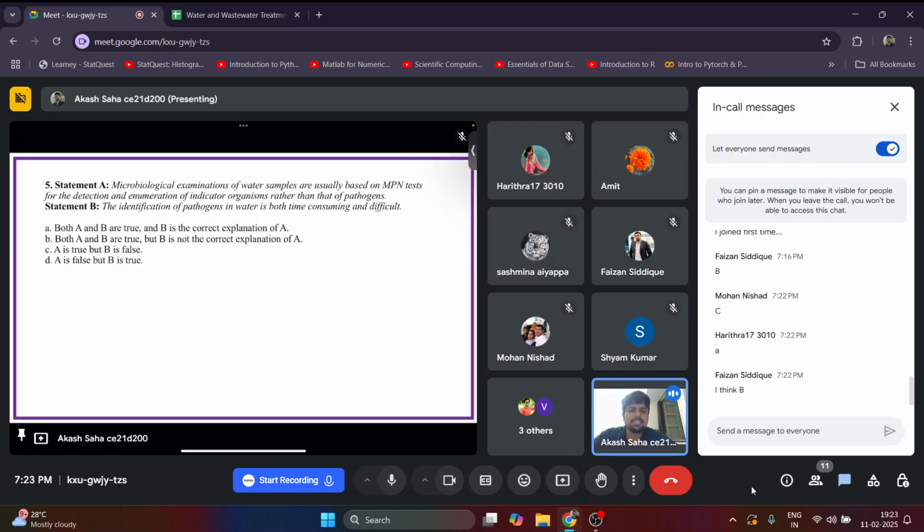Pathogens are basically disease causing microbes. So we definitely want to know about pathogens. But it is true that finding out about these pathogens will be very difficult, and it will be time consuming.